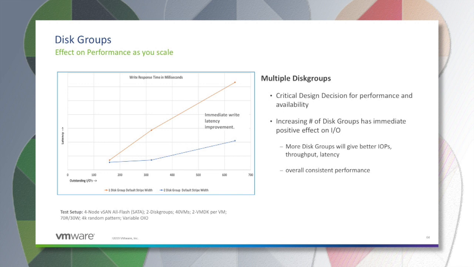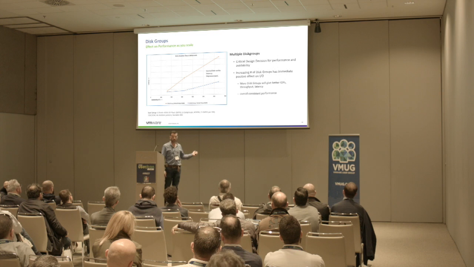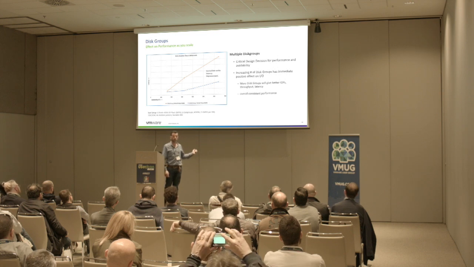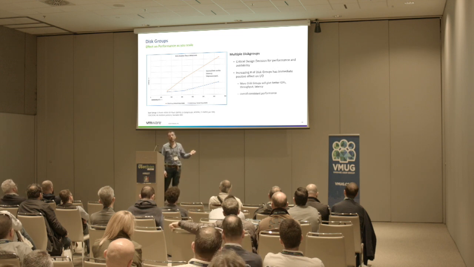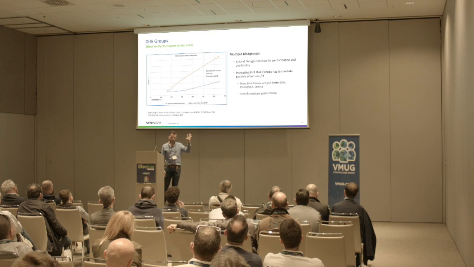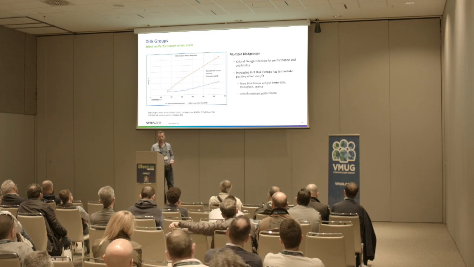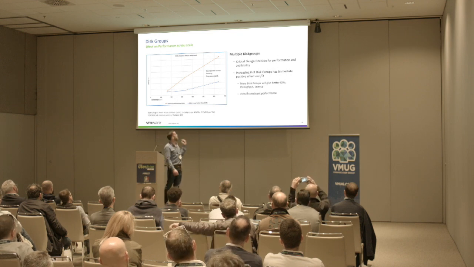The latency just went. With two disk groups, I know it's more costly per node, but two disk groups can give double the cache, and I can spread the components around. In this case, it is much more predictable as I increase the outstanding I/Os and the workloads. It's not ratcheting up immediately. Again, these are all based on writes.